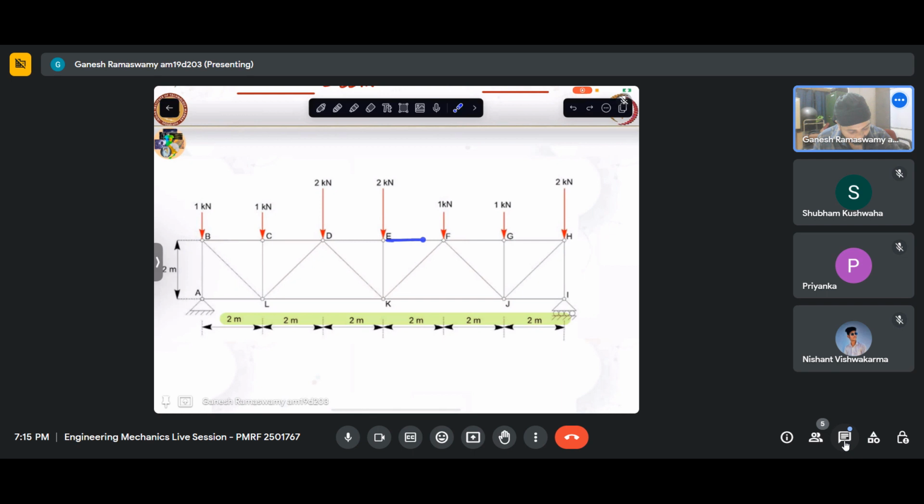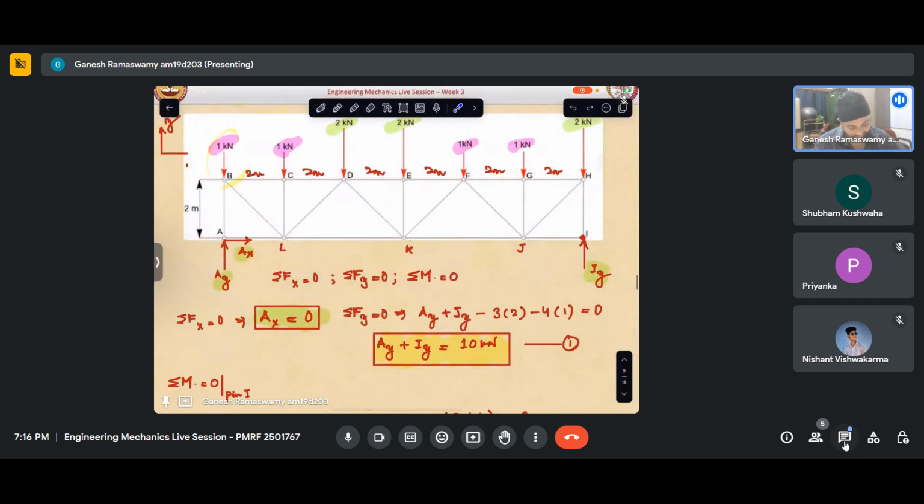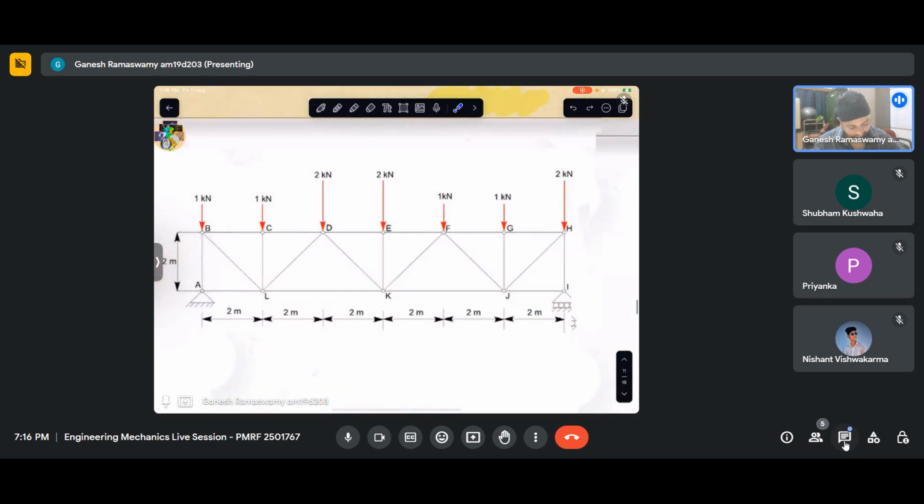So member EF is there, and if I take a section like that, and if I take moment about F, we just took moment of, okay, it was F instead of D, is it? Okay, sorry. This should have been named F. I'm sorry about that.